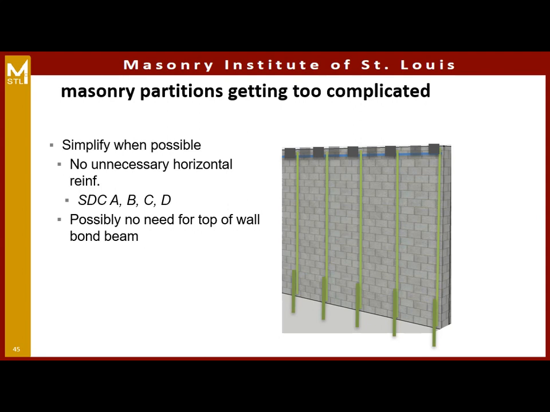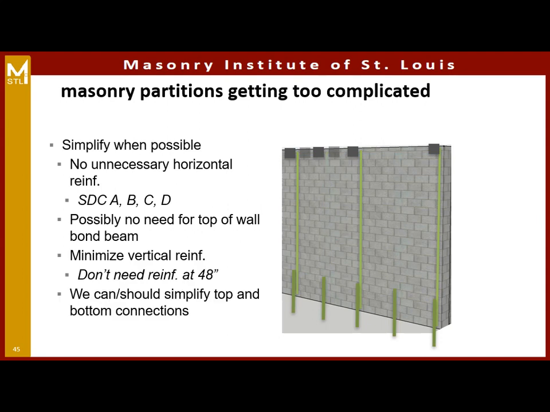We may not need a top-of-wall bond beam, so if we can eliminate that, that's helpful. And then minimize the vertical reinforcing as well. Again, as long as we're in a lower seismic design category, we don't need our vertical reinforcing in our partition walls at 48 inches on center. And think about the top and bottom connections as well, and are those something we can simplify?